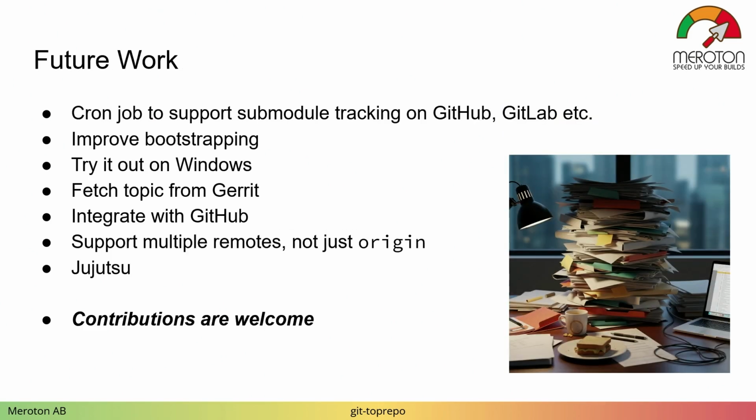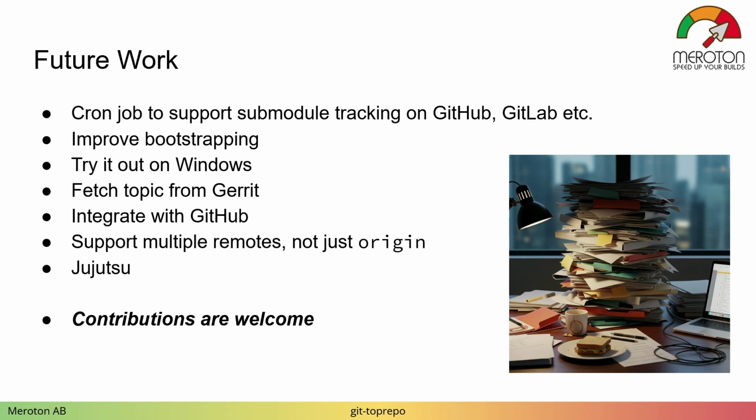Future work, well, it's good if we can have a cron job tracking GitHub updates and do the same there. Improve the bootstrapping a little bit, try it out on Windows. I haven't tried it even if I have a Windows laptop here. I never use Windows when writing code. We want to have a command git-toprepo fetch and a topic.